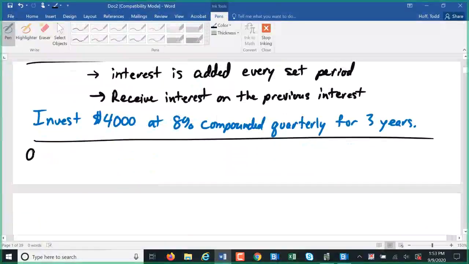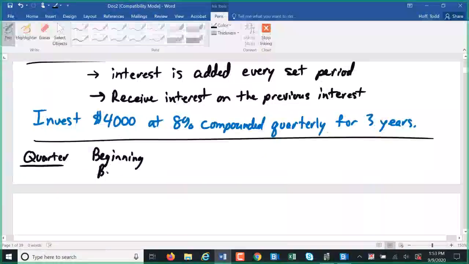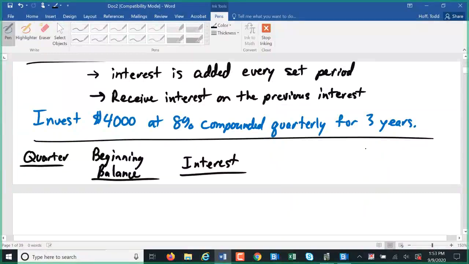We have our quarter. We'll have our beginning balance. We'll have our interest. We'll have an ending balance.